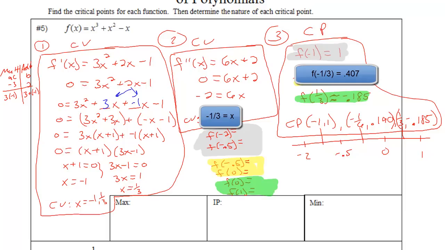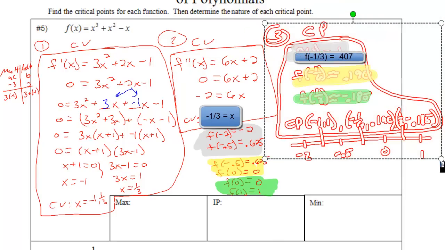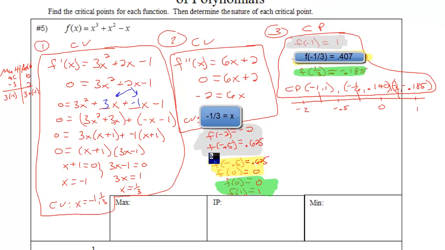If I throw these into my calculator real quick, we get -2, 0.625, 0.625, 0, 0, 1. I apologize for my lack of space. Let me make this a little smaller so I can have some more room here.